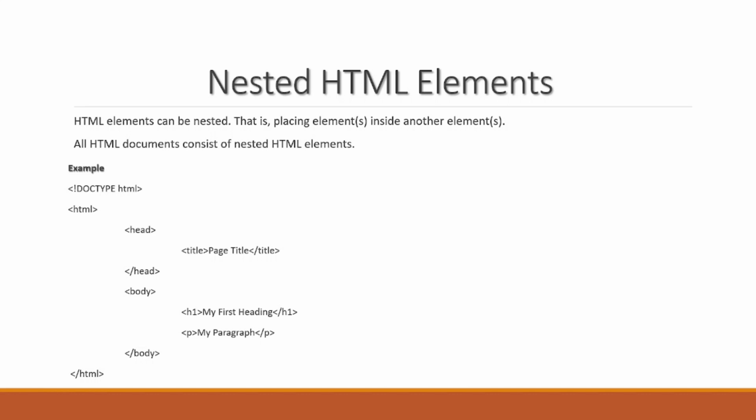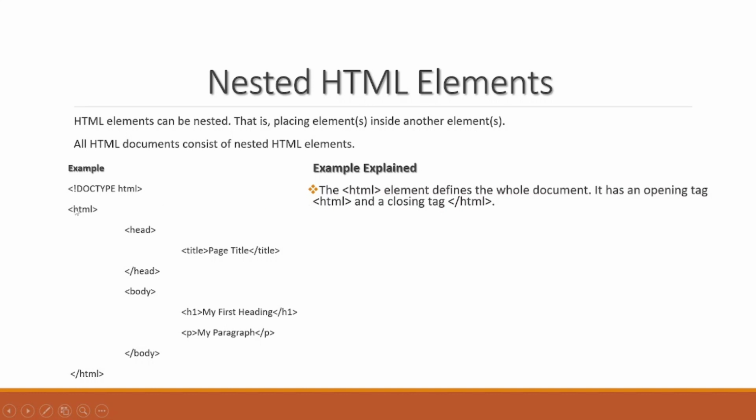Now, look at an example below. You have the doctype. We have your HTML beginning tag and the closing tag. Now let me explain. From this HTML element here to this element, this opening tag to this closing tag, the content of it is the whole of this, which means the head and the body are content of this HTML element.